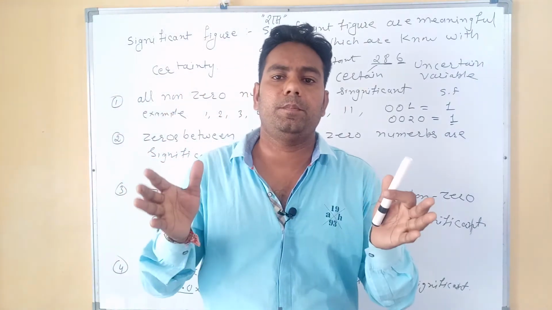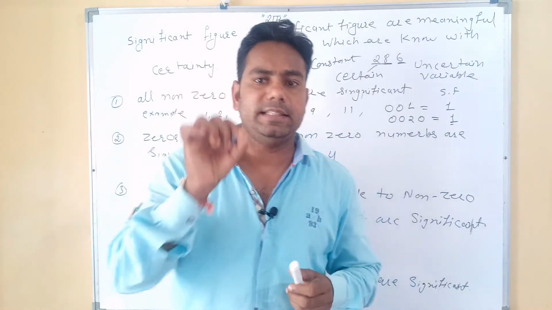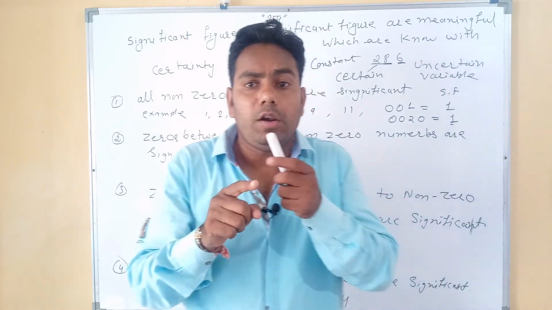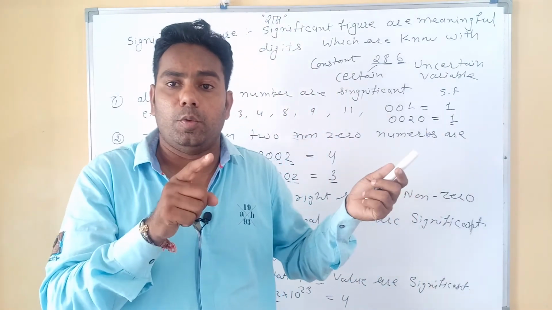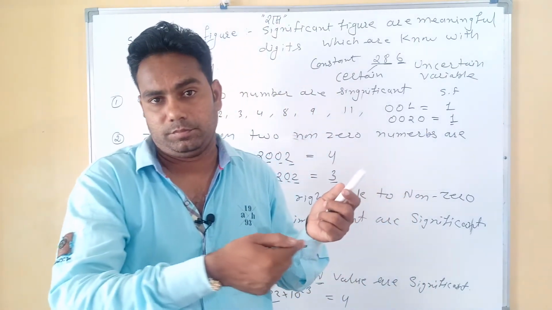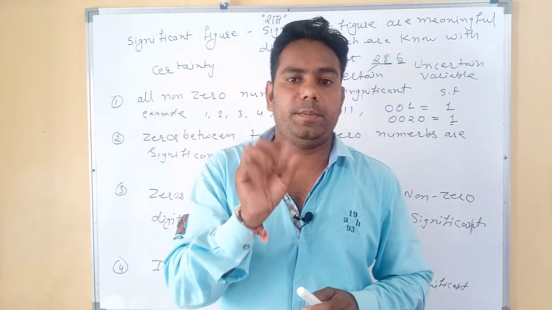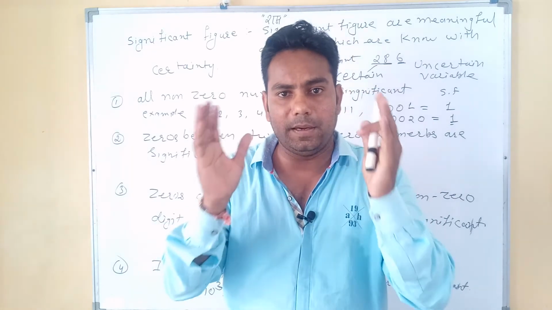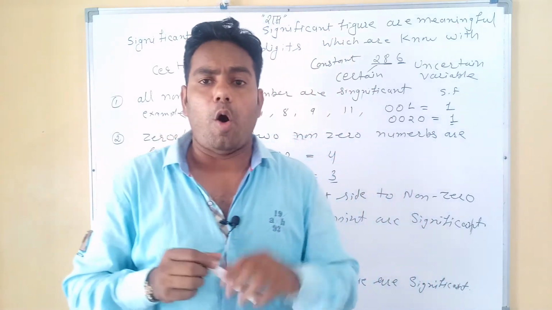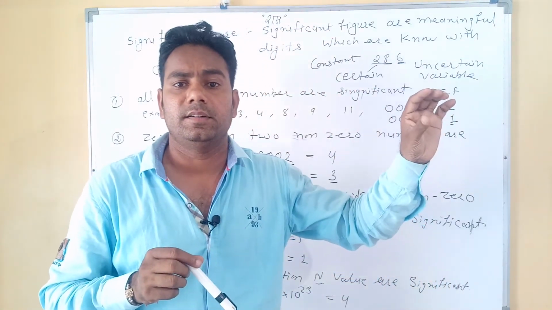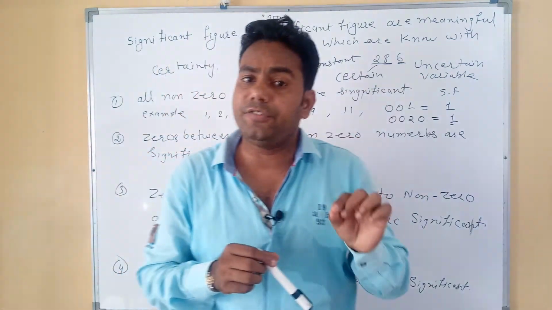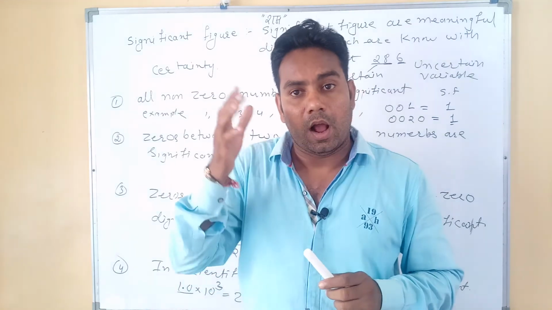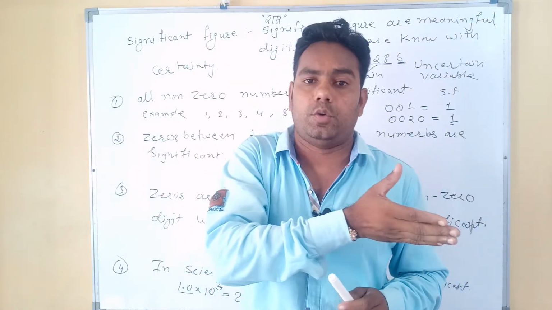If I have some digits and in this number a decimal point is present, then all zeros on the right side after the non-zero digit are significant. Clear? Right side, which is after the non-zero.